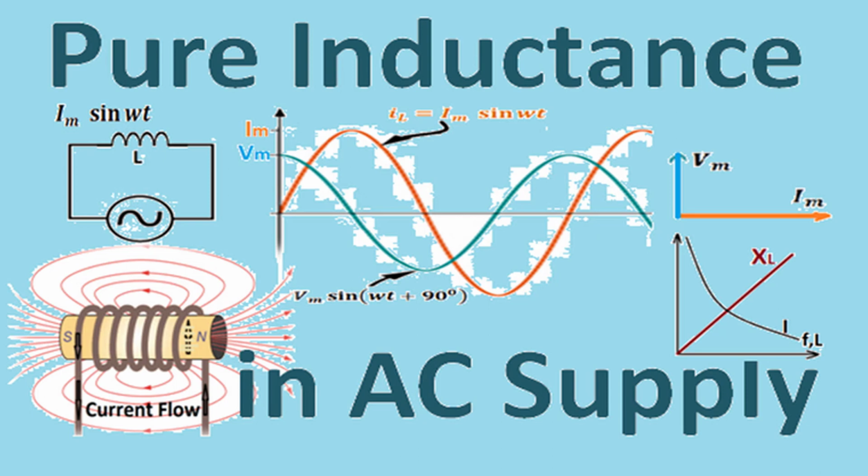Today in our playlist of Basic Electrical Engineering and Class 12th Physics, in our chapter Alternating Current Circuits, we will understand the behavior of a pure inductor in an alternating current supply and will learn that a coil configuration has a property of inductance, which in a time varying sinusoidal alternating current demands a sinusoidal alternating voltage of the same frequency, but current and voltage get a 90-degree phase difference, with current lagging voltage.